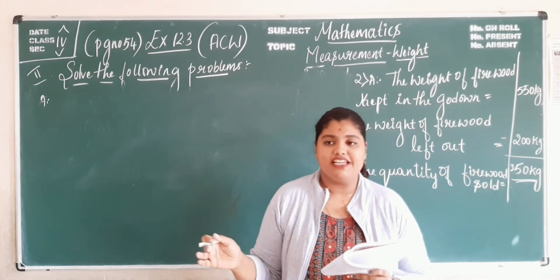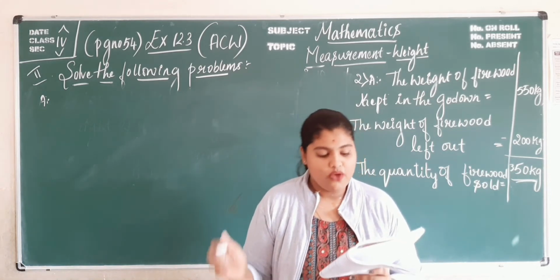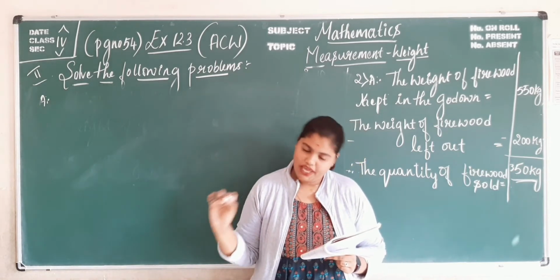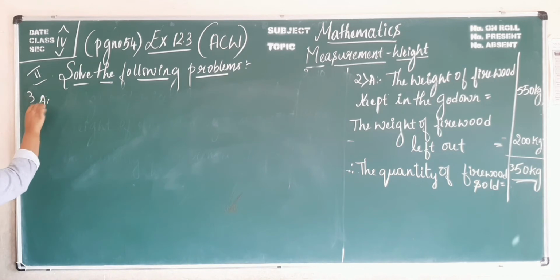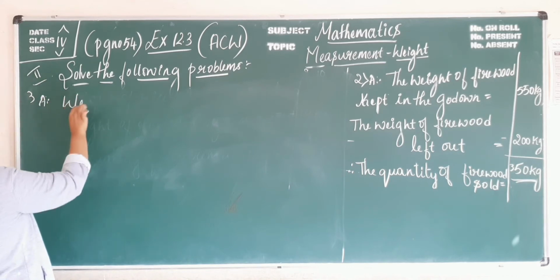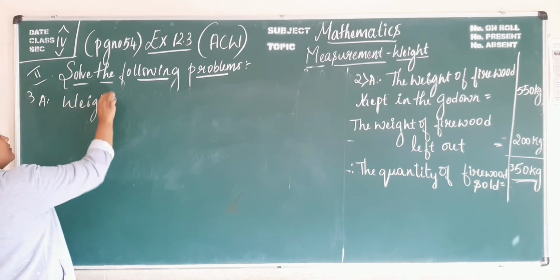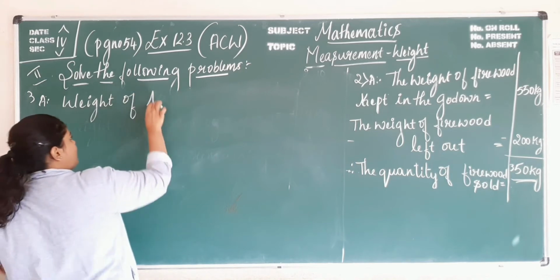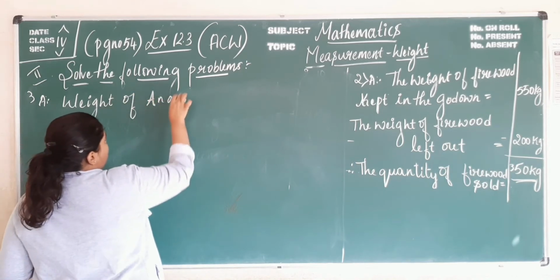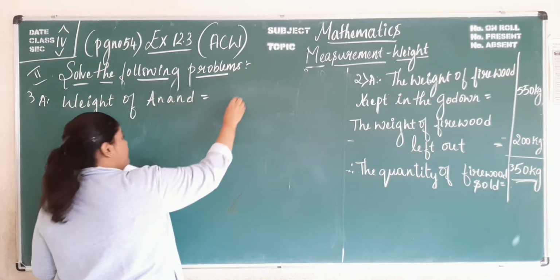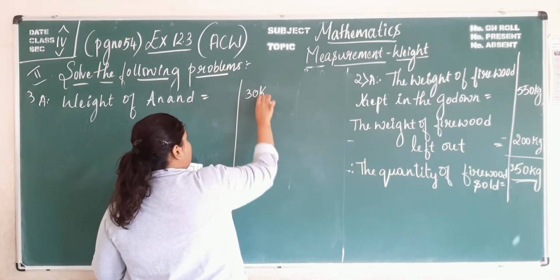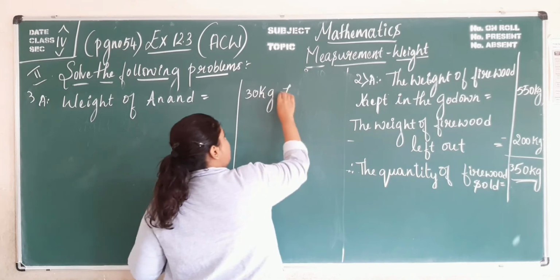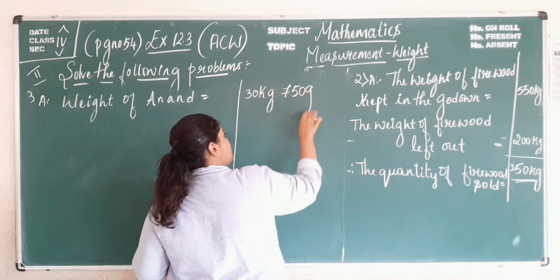So what is the first statement? Yes, weight of Anand is equal to 30 kg 750 grams.